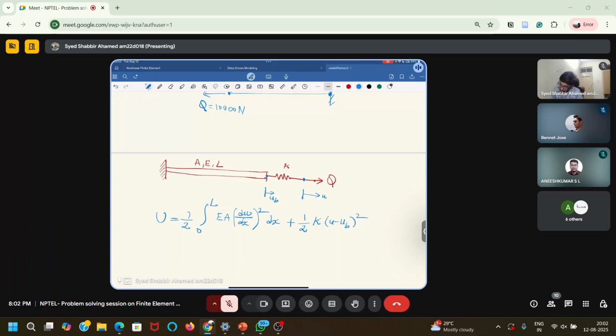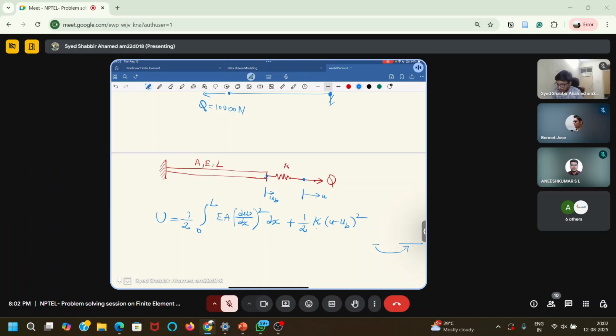Half into k into u minus ub, because the spring is not fixed at one end. This end is also moving and this end is also moving. So the total extension of the spring will be u minus ub. So this end will move this much, and if this end is moving this much, then if I subtract this from this, I will get the total extension of the spring.